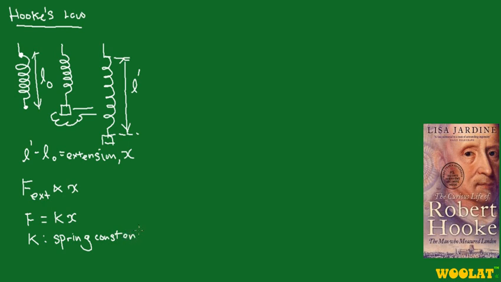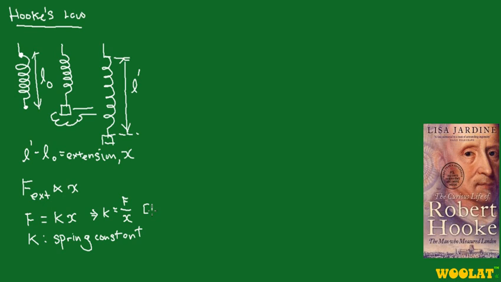Well, if you're ever asked to define a spring constant, you can always rearrange your equation and you get spring constant is equal to force over extension. So essentially the spring constant is the amount of force required to cause unit length of extension. Let's deal with the units.